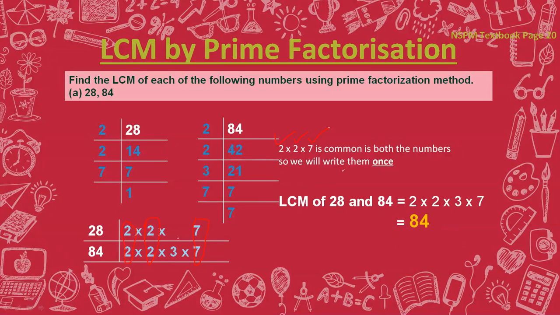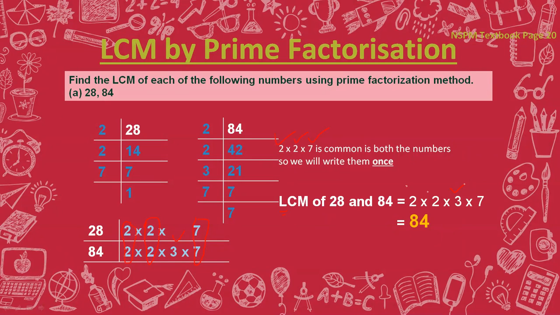Okay, but whatever the leftover numbers, just like 3 is also a leftover number, because L for LCM, we consider the leftover number also. So we are considering 3 here also. Repeat it again. Those numbers which are common, we are not writing 2 times.